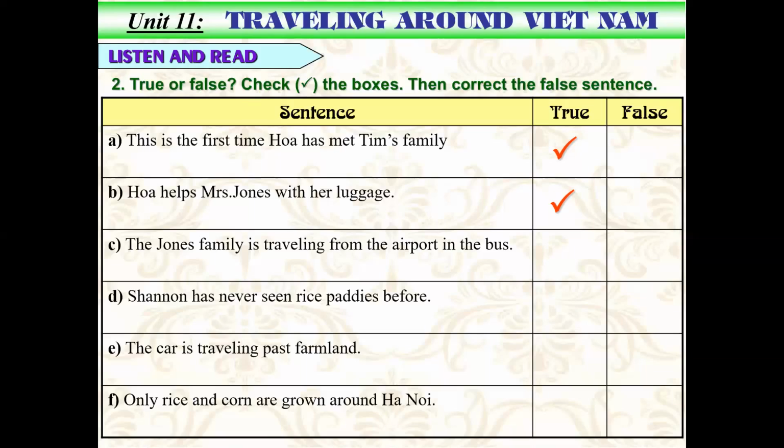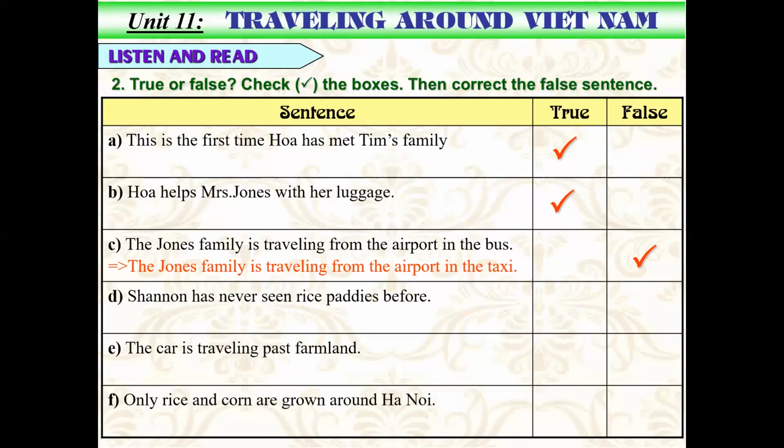Would you mind sitting in the front seat of the taxi? So the right sentence is, the Jones family is traveling from the airport in the taxi.